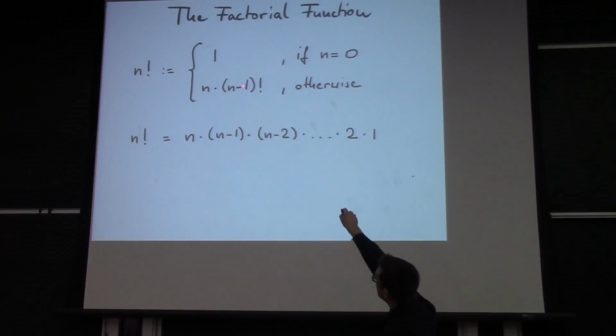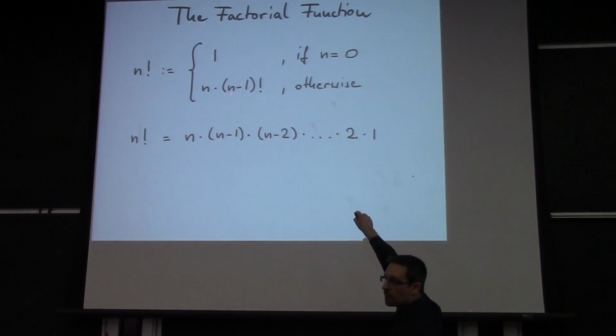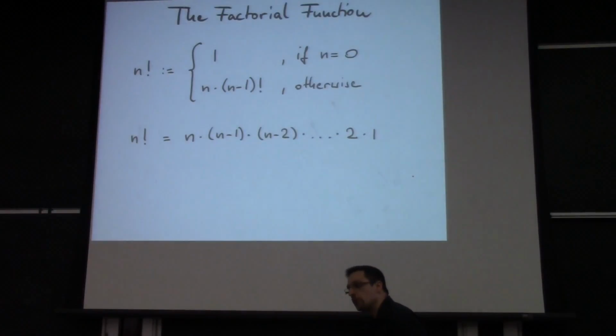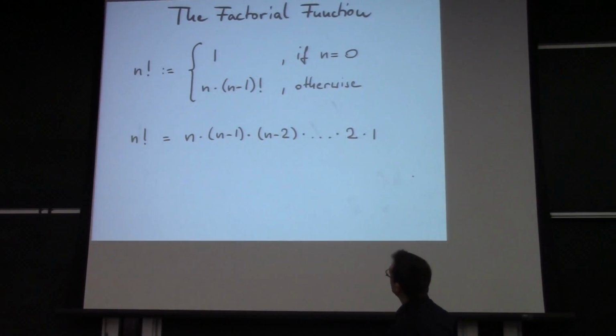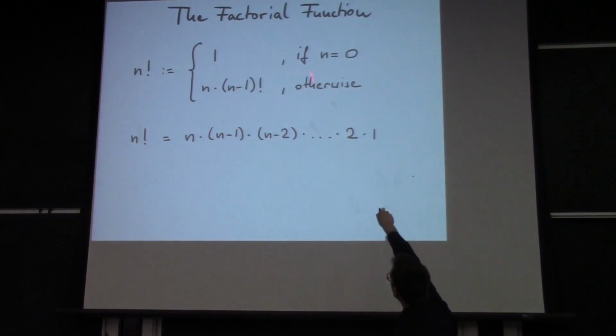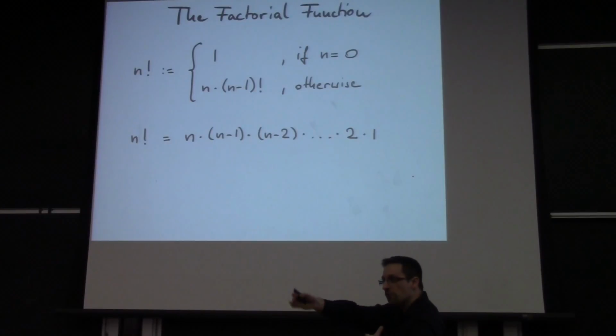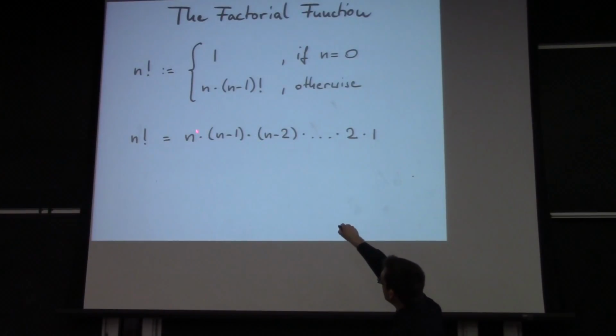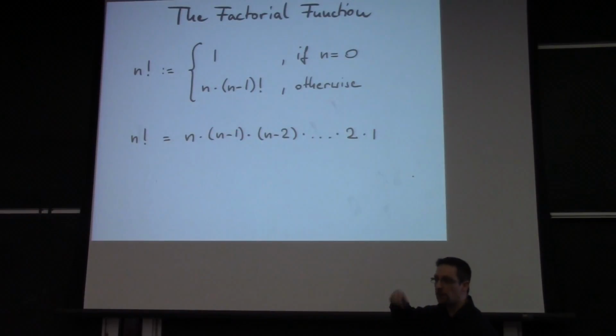This is a recursive definition because I'm defining this factorial function in terms of itself, with a smaller number. If you write this out, if you have something like n factorial and you roll out the definition, you get n times n minus 1 times n minus 2 and so on until you go to 1 and then you stop.